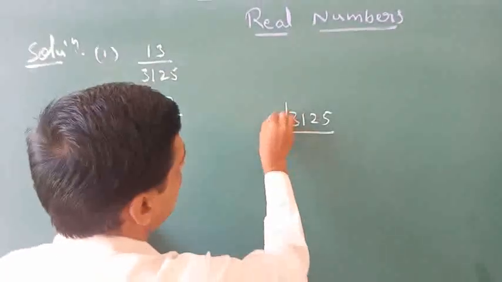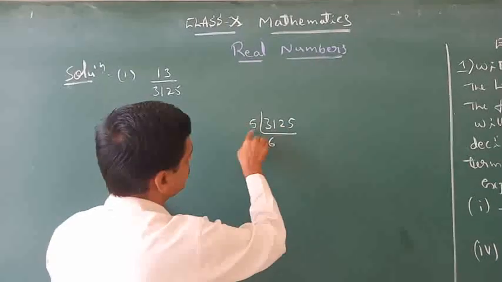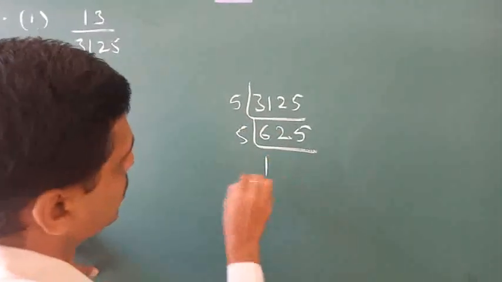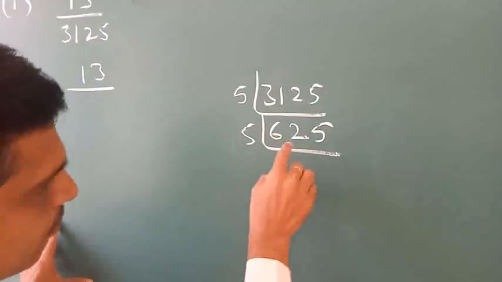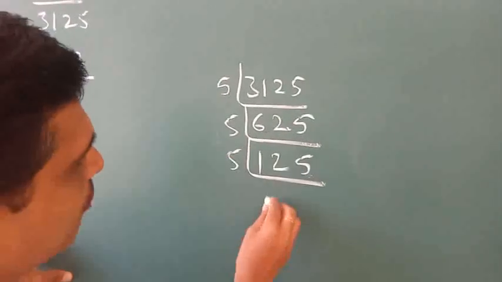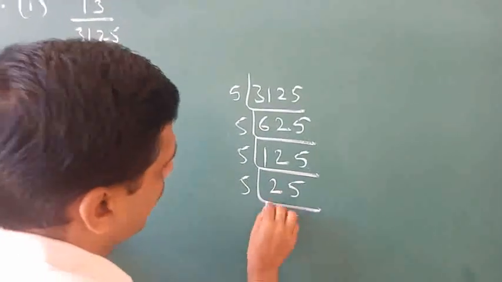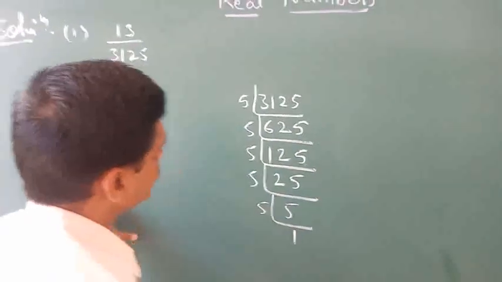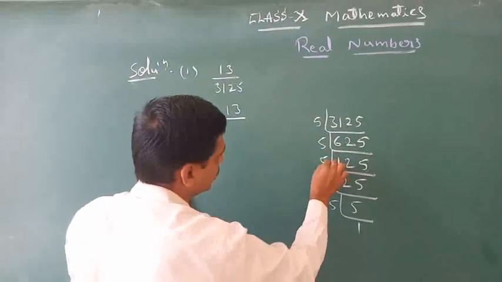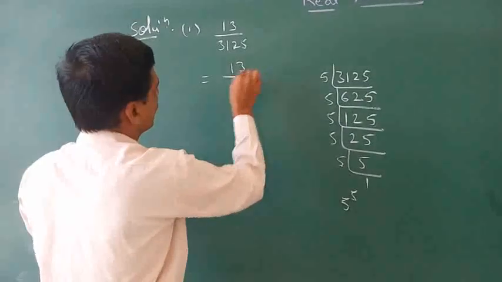The last digit is 5, so you can divide it by 5. 5 sixes are 30, 5 twos are 10, and we get 625. Again the last digit is 5, divide by 5 to get 125. Again divide by 5 to get 25. Again by 5 to get 5, and again by 5 to get 1. So all the factors of 3125 are 5 five times, which can be expressed as 5 to the power of 5.